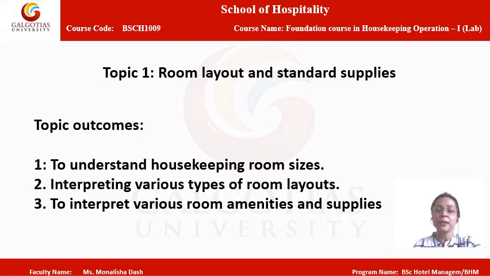We have to understand what amenities and supplies are placed in a hotel guest room to make a guest convenient and comfortable, and to make the guest feel that he or she is at his own home. So these are all the topic outcomes we will be covering after completing room layout and standard supplies. Let's see what is next.